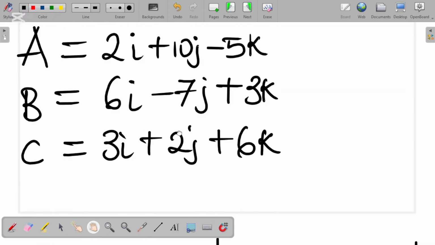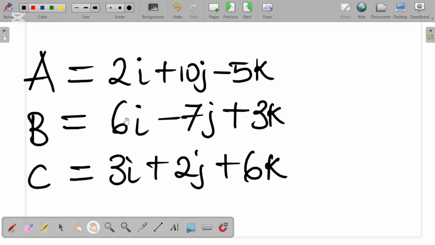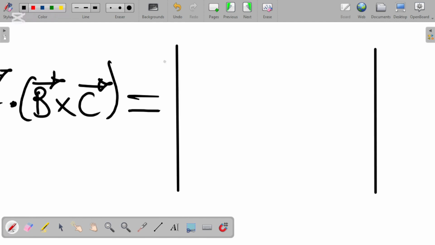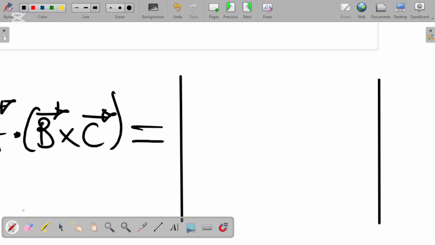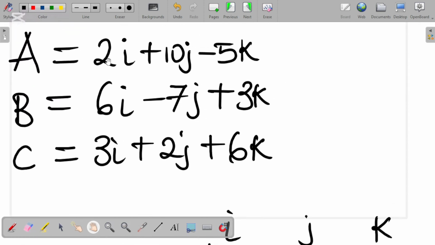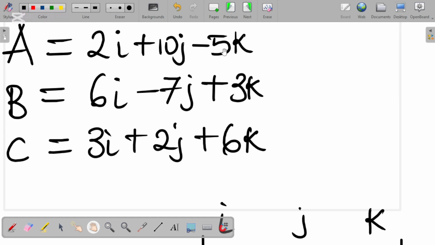alright, so what's the first component of vector A? For i, the component of vector A is 2. Remember, here we have i, j, and k. So the component of vector A for i is 2, for j is plus 10, and for k is negative 5.